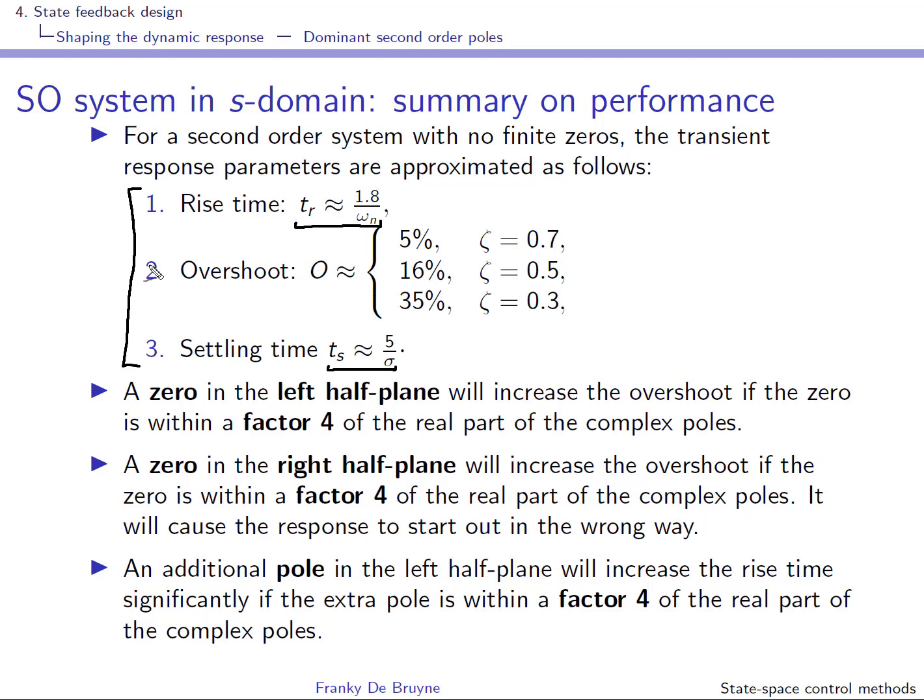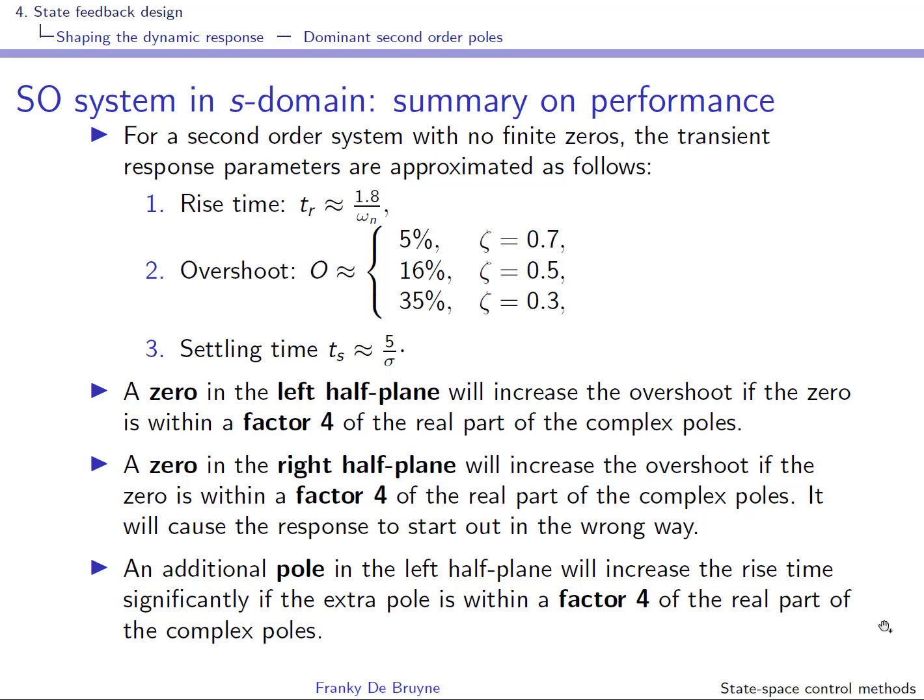Associated with this, you should have a look also at the region of good performance. Obviously in most designs you have the presence of a zero, or more zeros, a pole or more poles, and a zero either in the left half plane or in the right half plane will typically increase the overshoot if the zero is within a factor 4 of the real part of the complex poles.